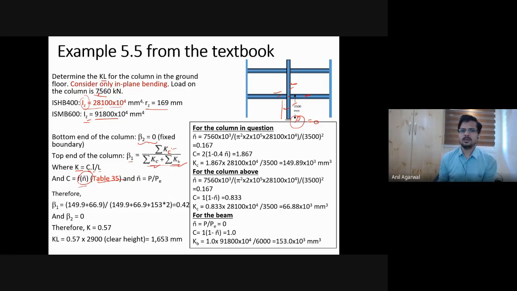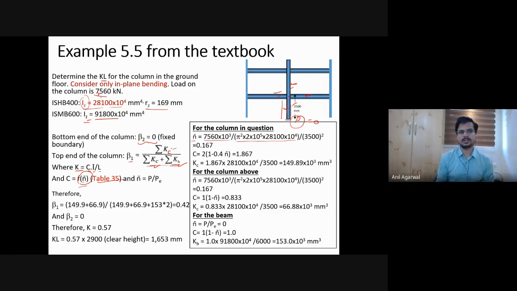For K, I need to know C. And for C, I need to know n bar. So let me start with calculation of n bar. So first I'll calculate n bar for this column. And n bar is nothing but actual load acting on the column divided by the elastic critical buckling capacity of the column. That is P divided by P critical, or P divided by PE.